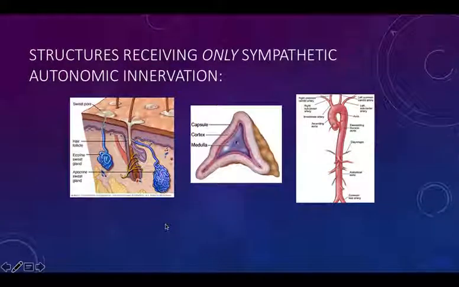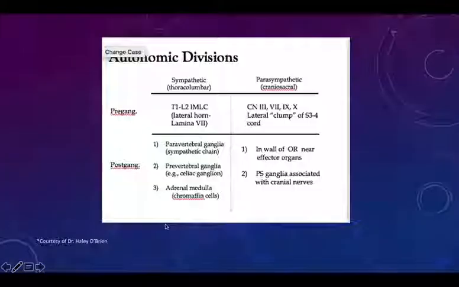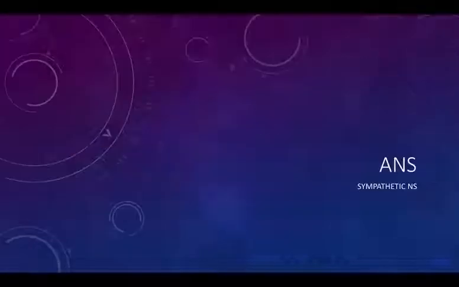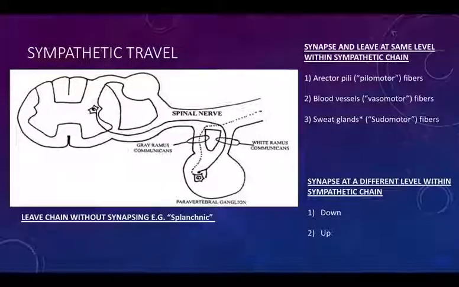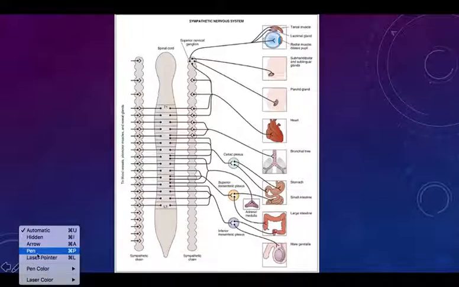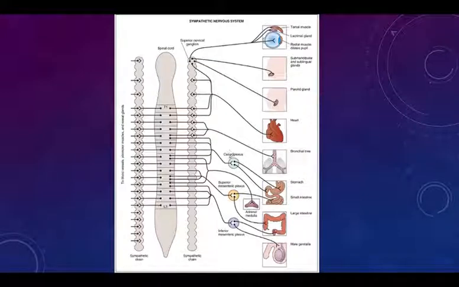An example of that would be these pre-aortic ganglia, superior mesenteric and inferior mesenteric.